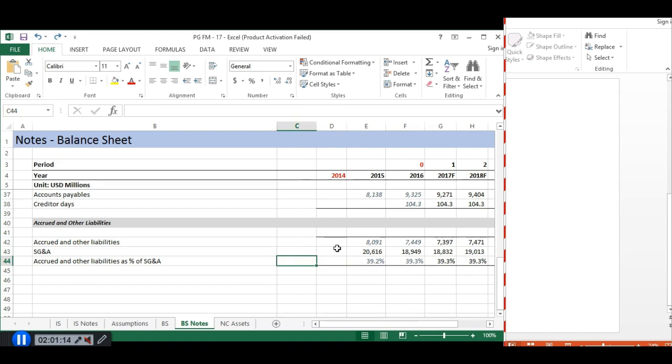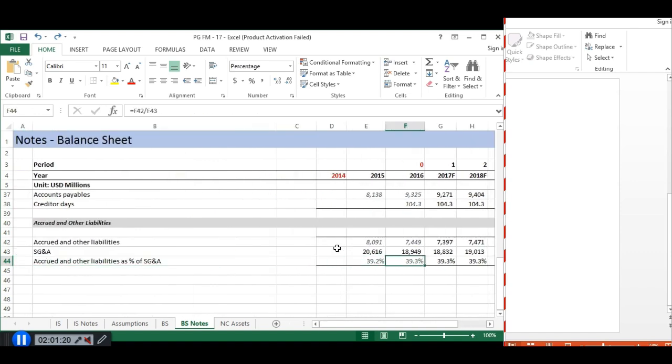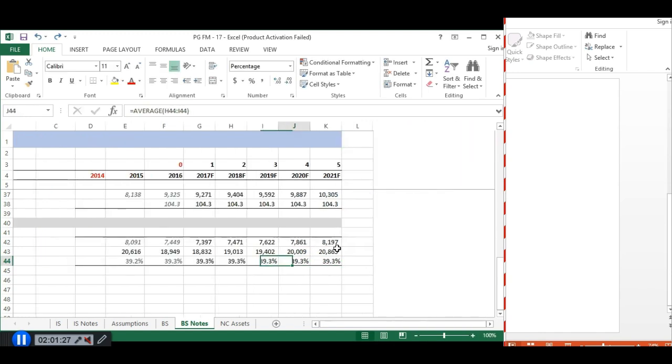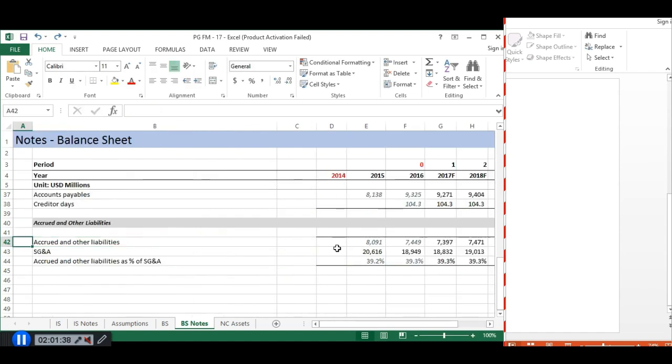So you know that it moves with the SG&A, so you forecast it as a percentage of SG&A. You calculate the actual percentage, based on that you forecast the percentage, and based on the forecast percentage, you calculate the amount. Any confusion up till now?